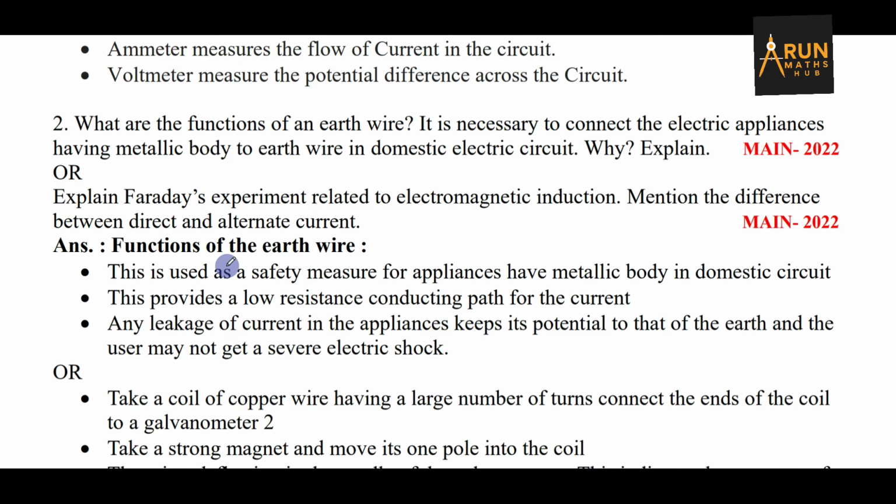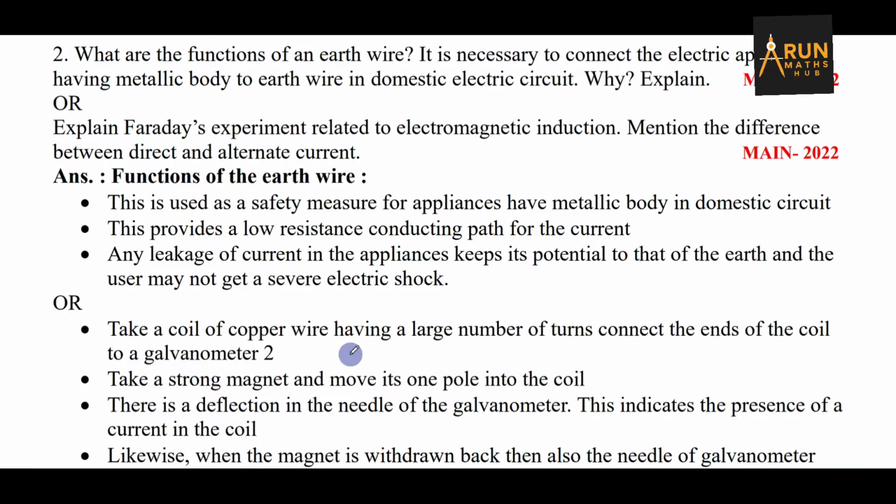The earth wire is used as a safety measure for appliances having a metallic body in a domestic circuit. It provides a low resistance conducting path for the circuit. In case of any leakage of current, the current flows through the low resistance path and it avoids electric shock, so the user may not get a severe electric shock.